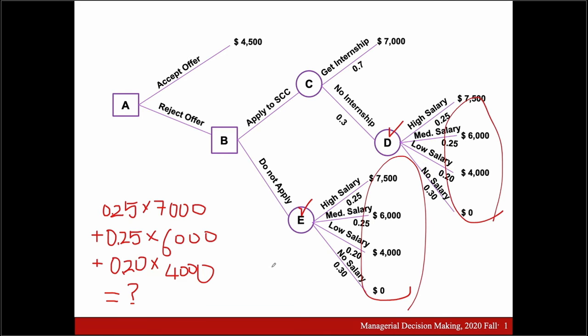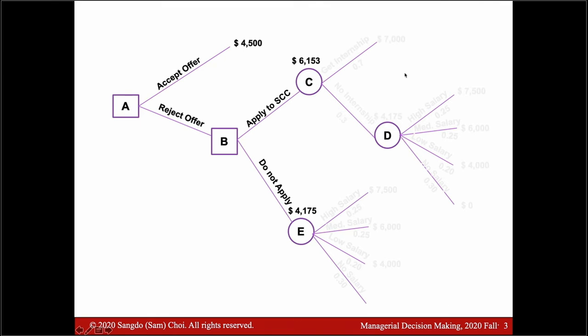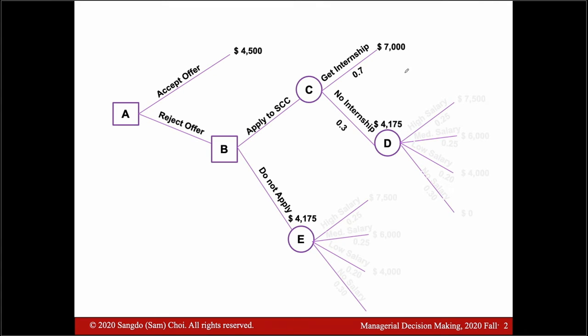So we will move. That number is 4,175. Now we roll back one step, and you have these two numbers. At this point, you have event node C again, and you have this probability. Then what is the expected value for event node C?